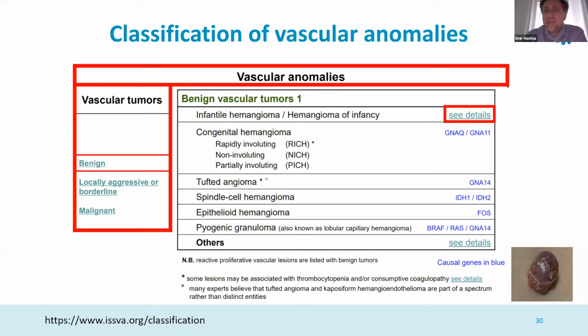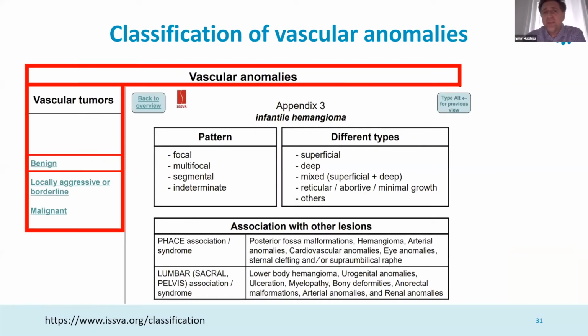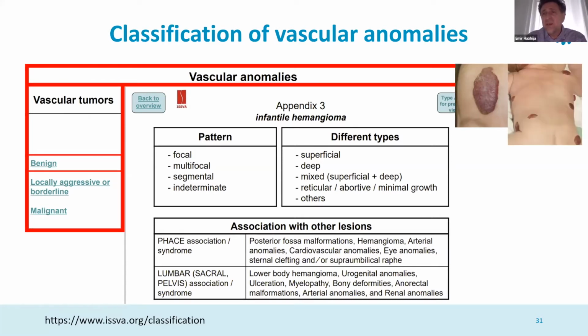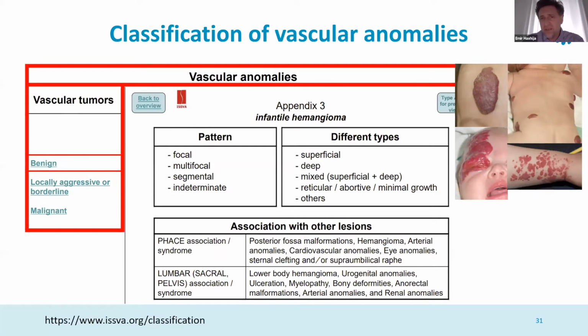So when you click on the see details for infantile hemangioma, you will see that the infantile hemangioma has also a special appendix in this classification, and they describe the infantile hemangiomas as focal ones according to the pattern, how they are distributed, then multifocal ones, segmental hemangiomas, and then indeterminate infantile hemangiomas.